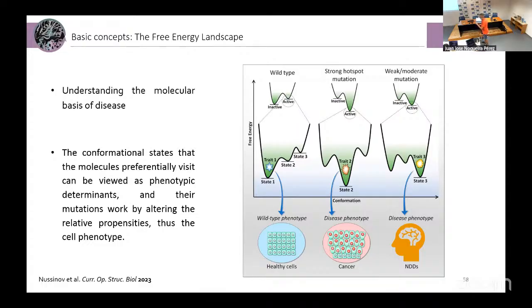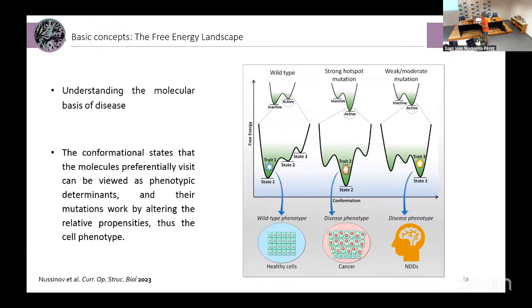This is something equivalent. Here is the free energy landscape for the wild type protein, and this is the free energy landscape that we can describe for this particular protein with some phenotypic determinants that correspond to the most populated conformational state.